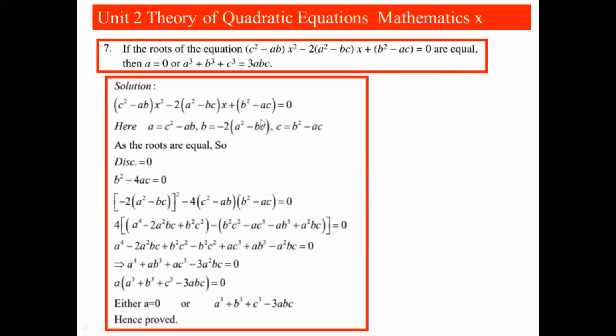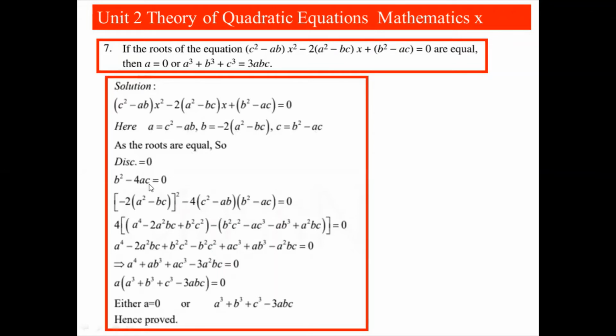This equation is in standard form. So here a is equal to c square minus ab, b is equal to minus 2 times a square minus bc, and c is equal to b square minus ac. As the roots of the equation are equal, the discriminant must be equal to 0.